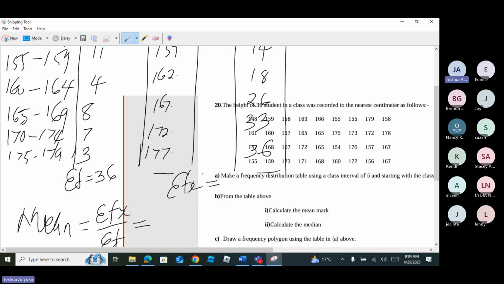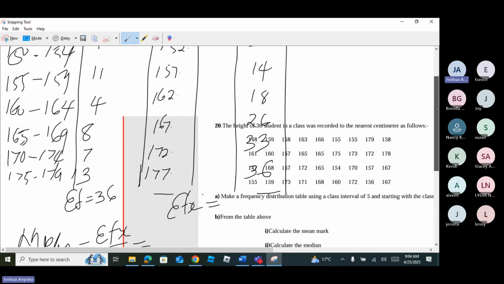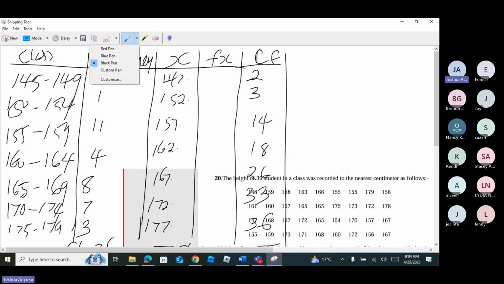Those who have multiplied, let us feed the information there.